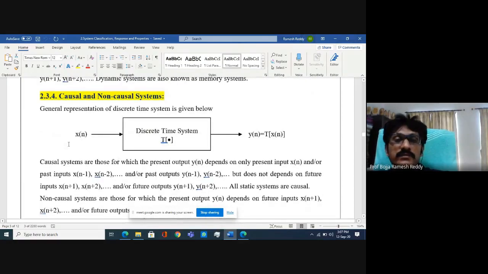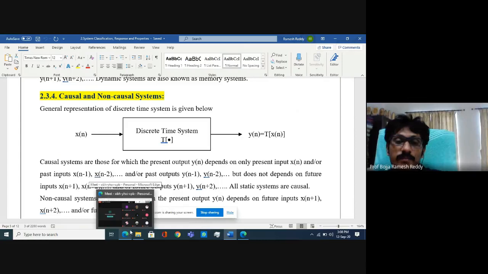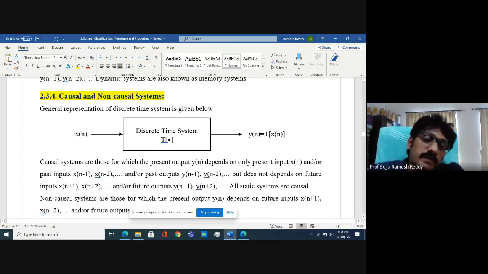Causal and non-causal systems. This is the general representation of a system. A given system is said to be causal only when the present output depends on the present input, past inputs, and past outputs. No future. It is very difficult to design a system where the output depends on the future also.